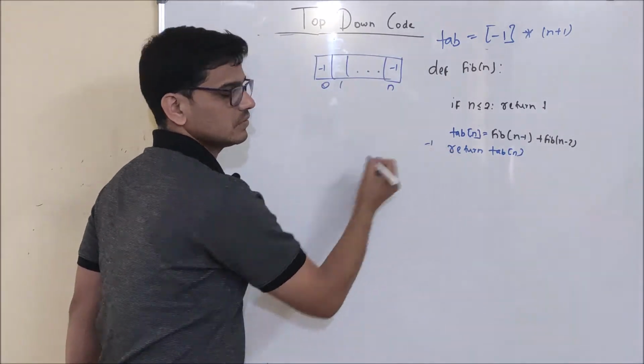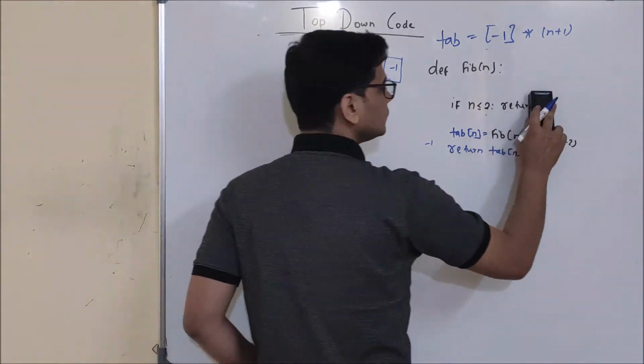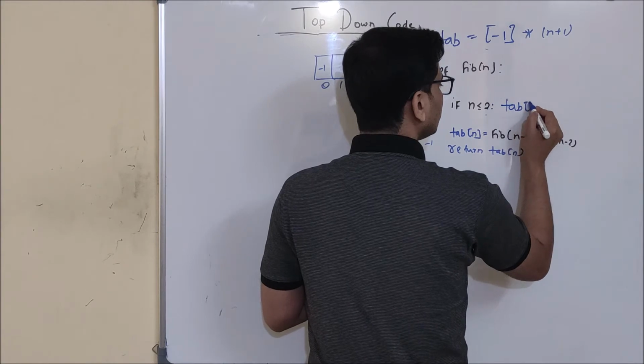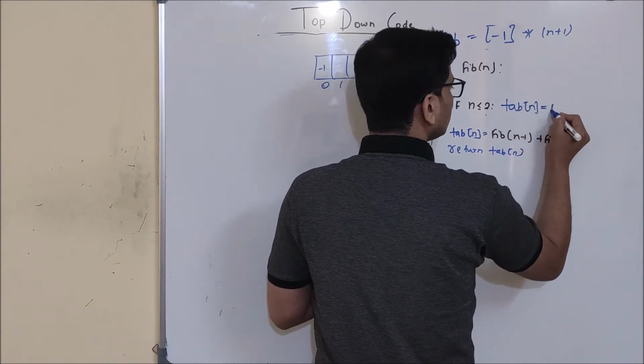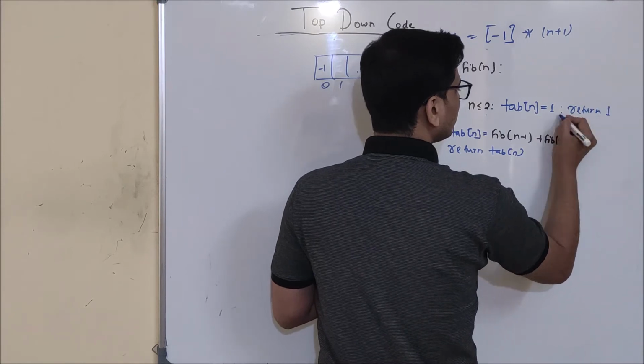This is one change. Here also I am returning, so first I will save it in my table, tab of n equal to 1, and return after that.